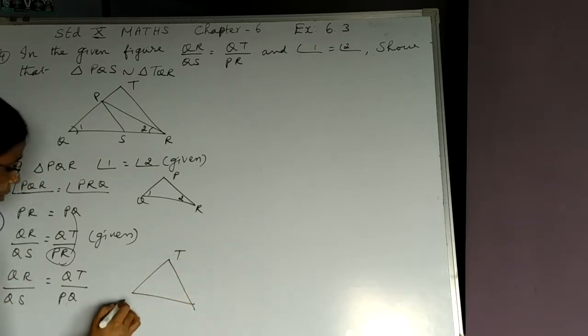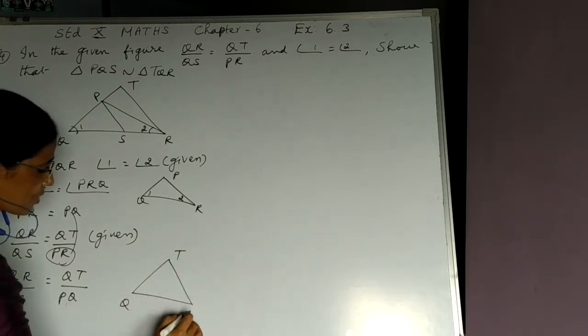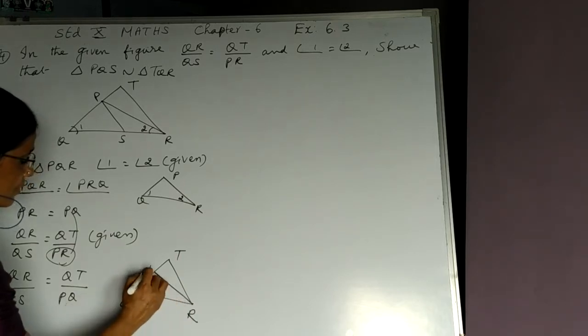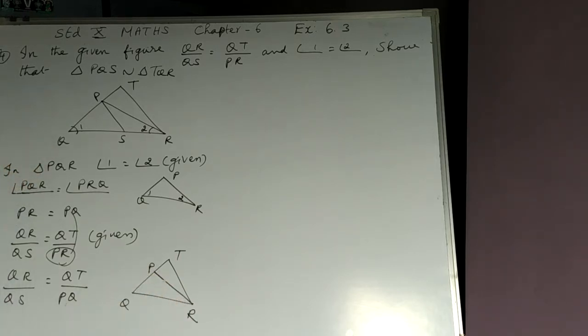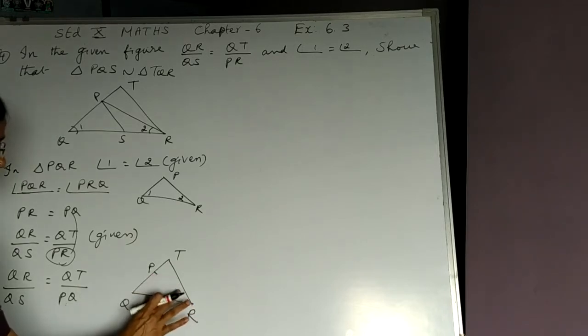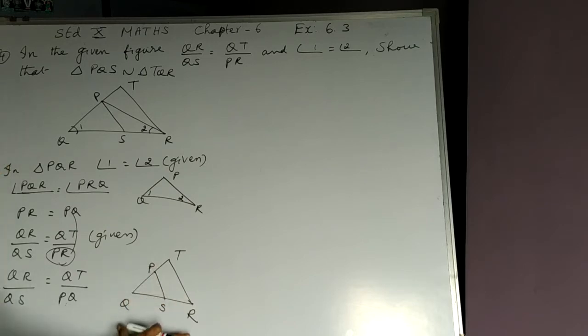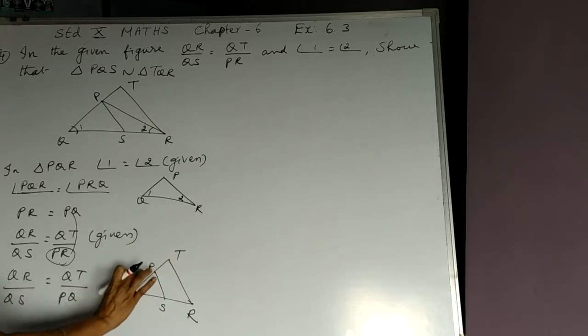It is triangle QTR. If you look at the alphabets, easily we can make out. We got QR upon QS is equal to QT upon PQ.